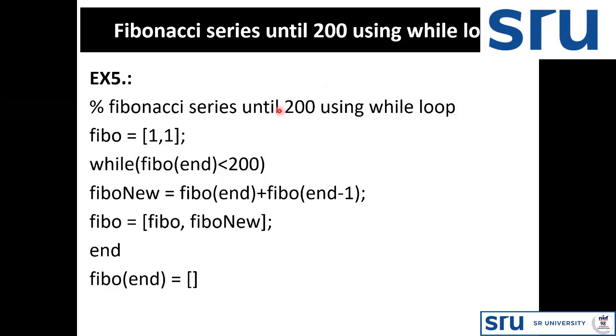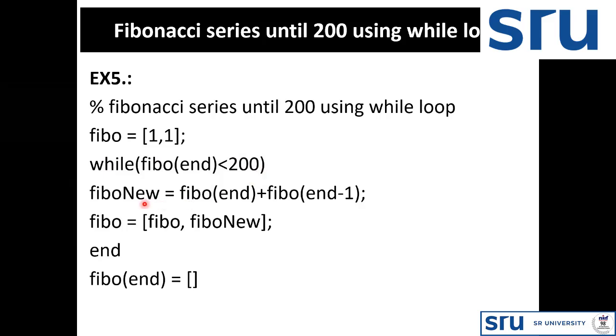Whatever the Fibonacci series number is, it should not exceed 200, because the Fibonacci series has an unlimited number of terms, so we are limited only to terms below 200. So this is our condition. I have written here the while loop condition, then Fibo n, meaning the last term of the Fibo series, should be less than 200.